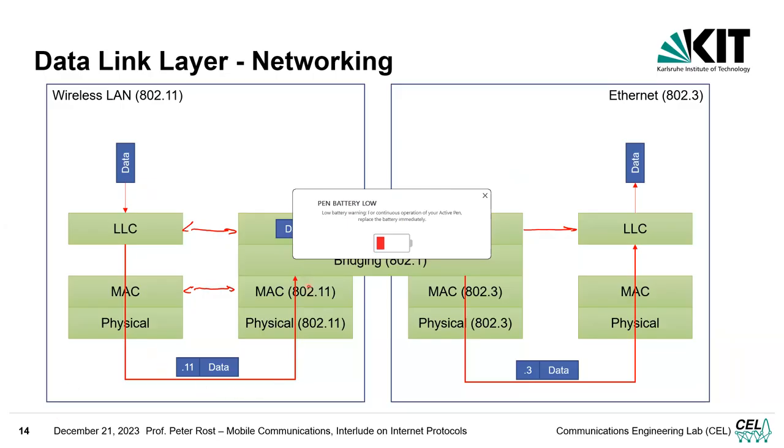It comes to the bridge, and then you have this bridging process, which I come to on the next slide. Knowing, okay, this frame is intended for this subnetwork, it then forwards the data to, in this case, Ethernet MAC, so 802.3, where you again have an own connection between these two devices.